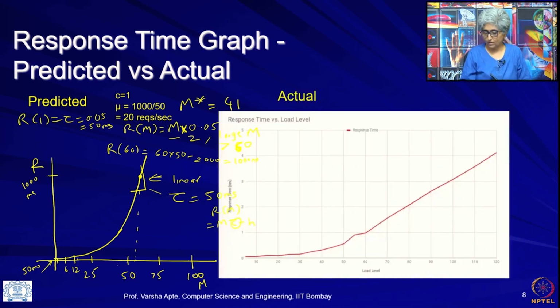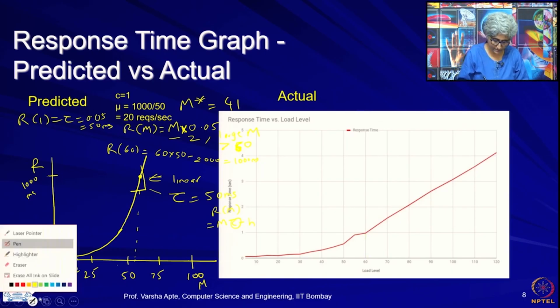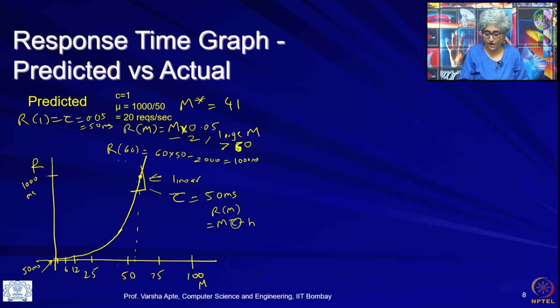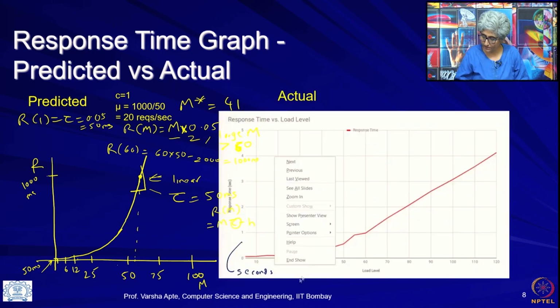Okay. So, let us check at 60. So, this happens to be in seconds. Remember we had done R60 is 1000 milliseconds, which is equal to 1 second. So, let us check here at 60.